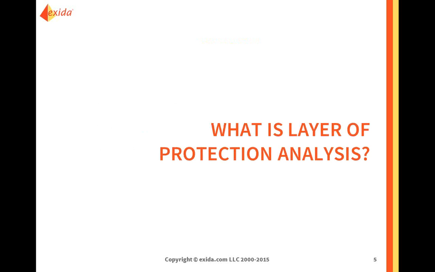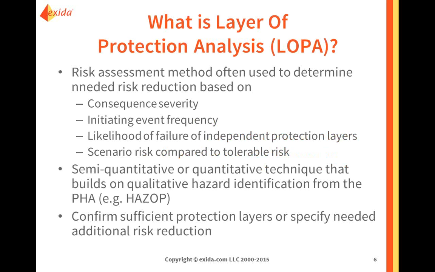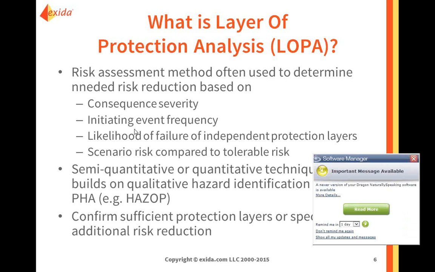So, what is layer protection analysis? It is a risk assessment method that we use typically to determine the needed risk reduction factor. Sometimes we will use this method only after initial qualitative methods haven't provided detailed enough results.